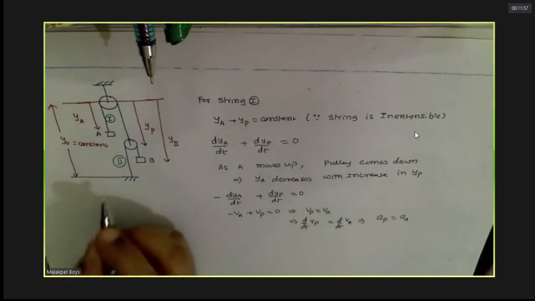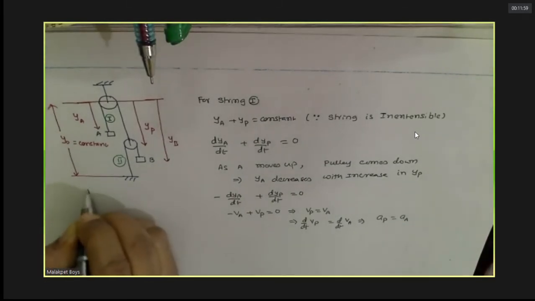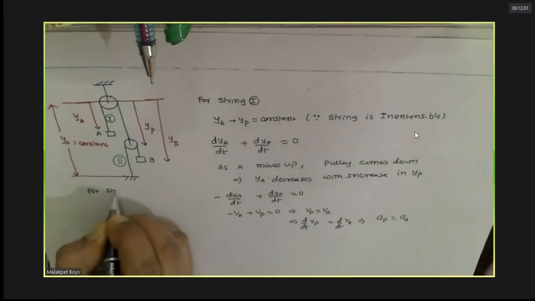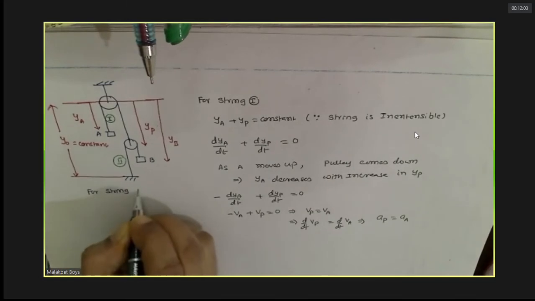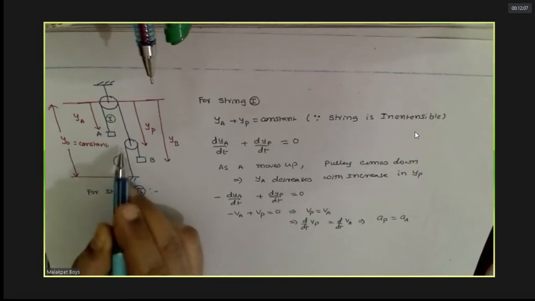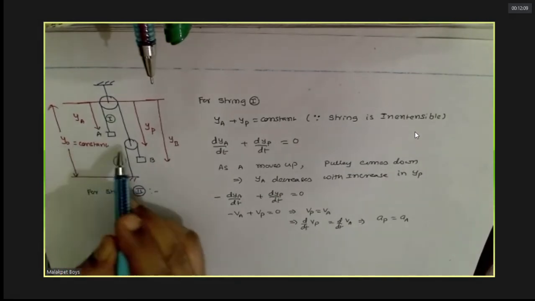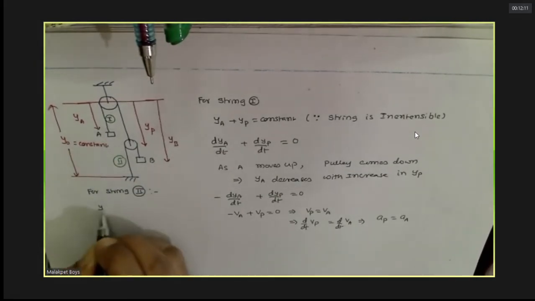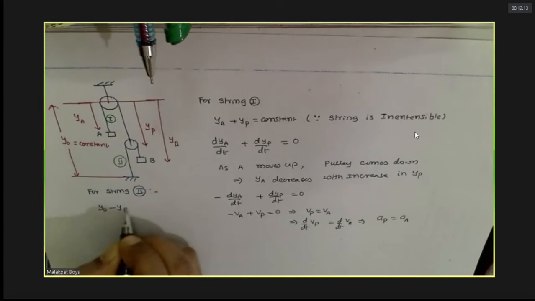Now let us concentrate on the lower string. We take this lower string, this portion is nothing but the left side. If you look at this, do you agree with this?